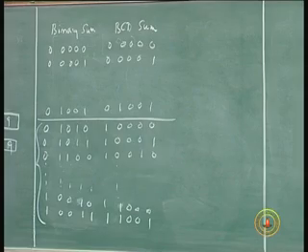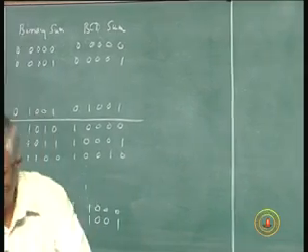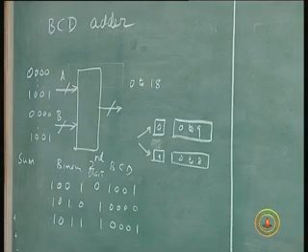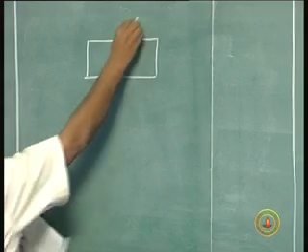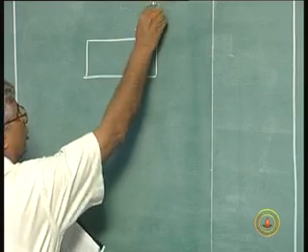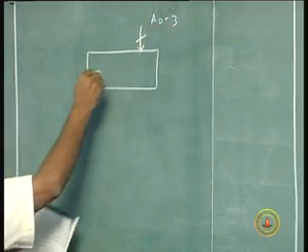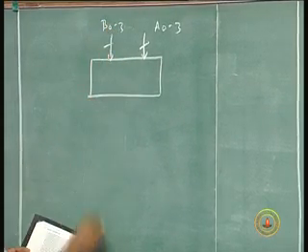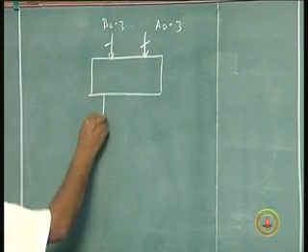I am going to give you the circuit and later on explain how it works to save some time. You have the normal adder in which I give the two BCD numbers A0 to 3, B0 to 3.